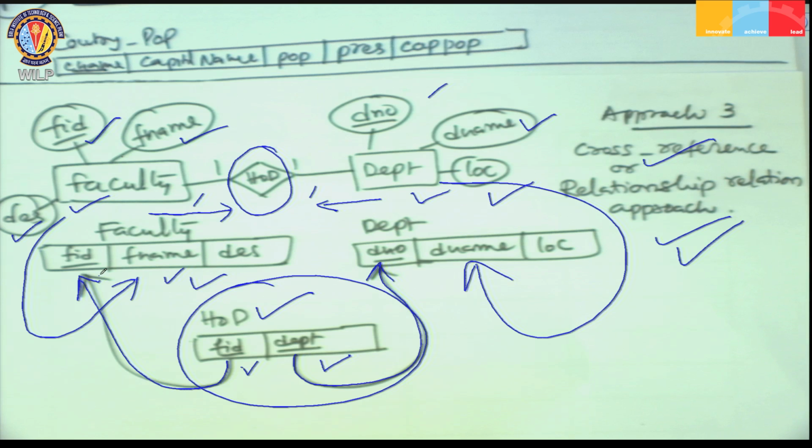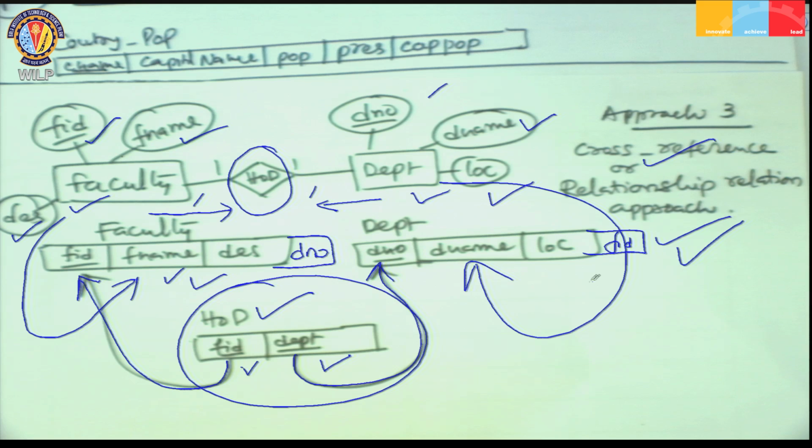I cannot add a foreign key here for the department he is managing as HOD, because it is not possible: only a few of the faculty members are HODs. Similarly, I cannot add the faculty ID indicating the HOD of a particular department, because some departments may not have any HOD.